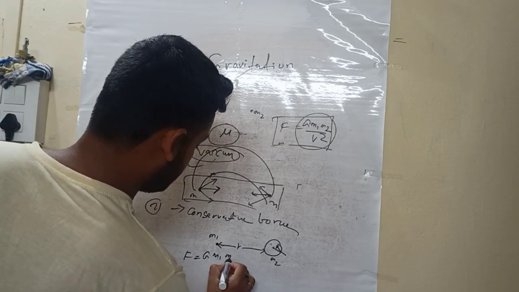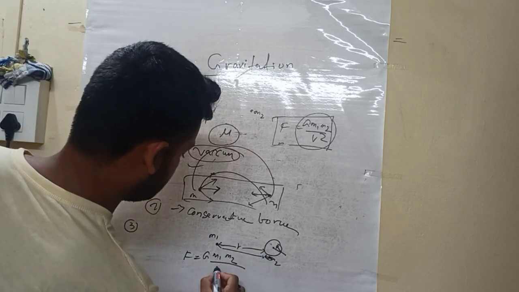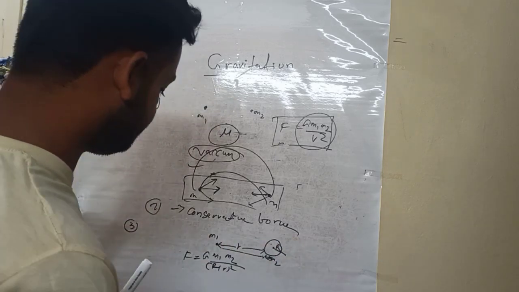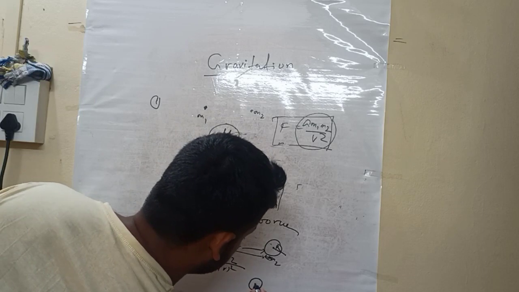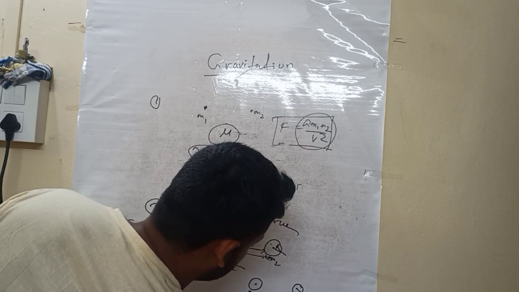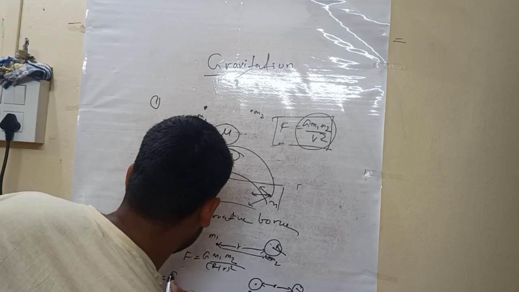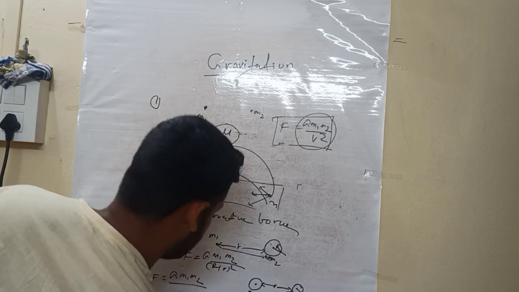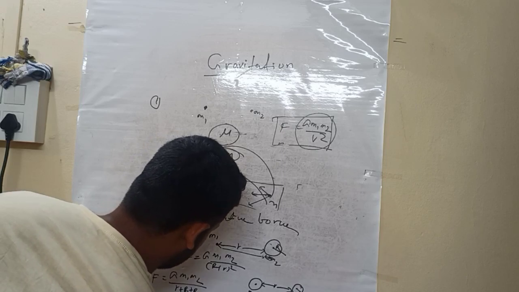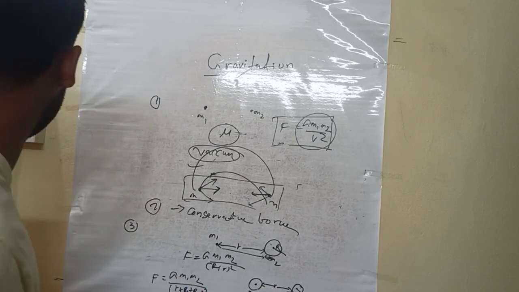G m1 m2 divided by (R plus r plus R) whole square. Like that, the two masses are there like this. This one is r1, this one is r2. From here to here, the distance is r. So force will be taken as G m1 m2 divided by (r plus r1 plus r2) whole square. So we take the center to center distance. This is one important thing.